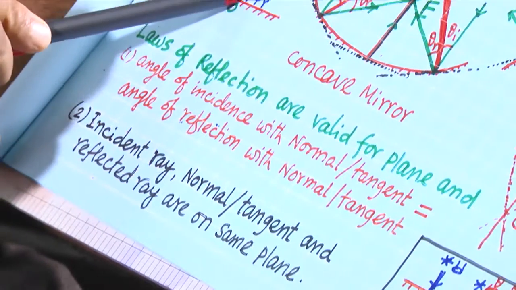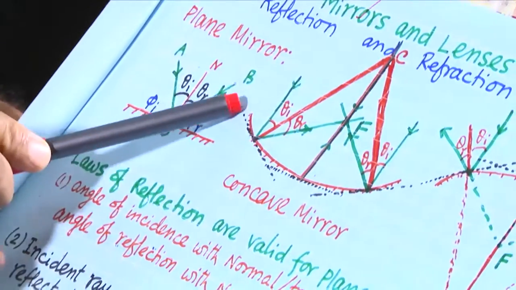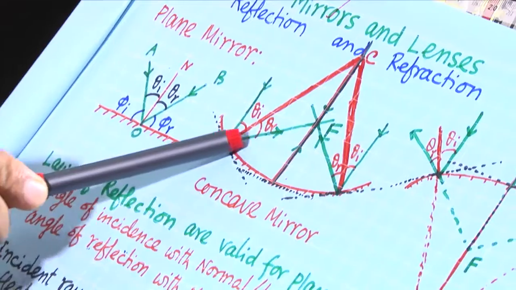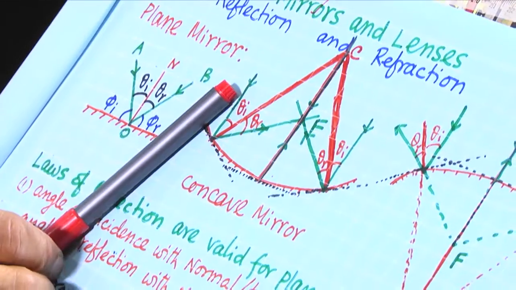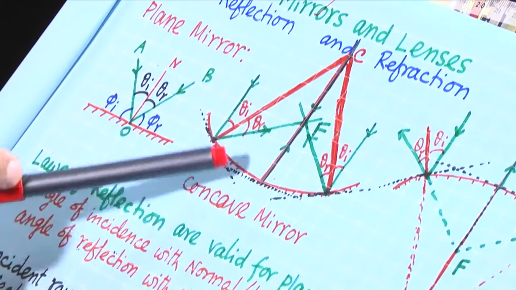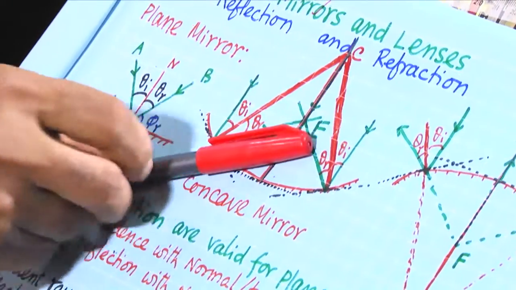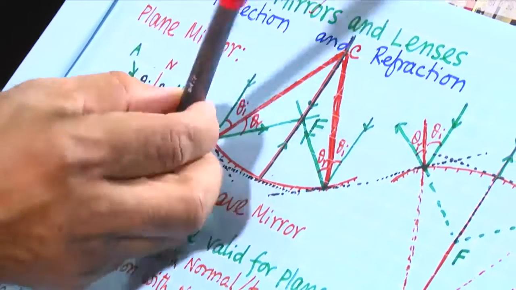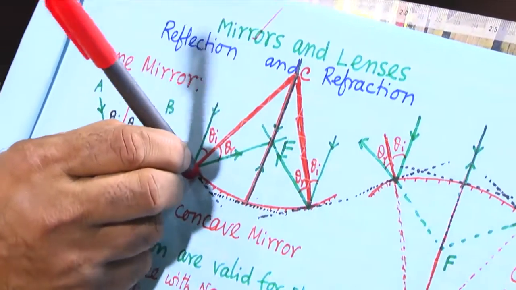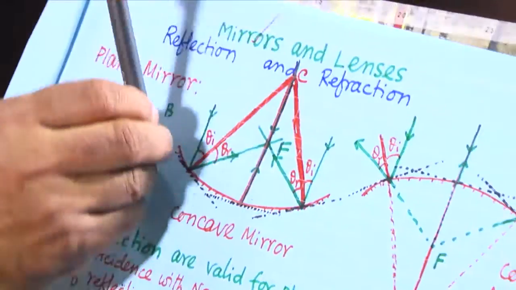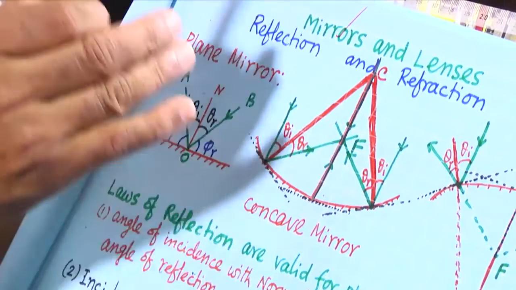That means this is the incident ray, this is the normal, or this is the tangent, okay, and this is the reflected ray. These will be on the same plane. Because according to the first law, the angle of the reflected ray will be equal to that of the incident ray, the ray could be on this plane or in some other direction making the same angle with the normal. It is possible. So it can make a cone basically, with the same angle, without violating the first law.